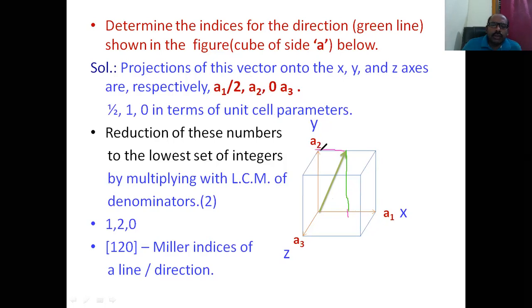Along the z-axis there is no projection at all, so it is 0 times a3. So it is 1 by 2 times a1, 1 times a2, and 0 times a3.